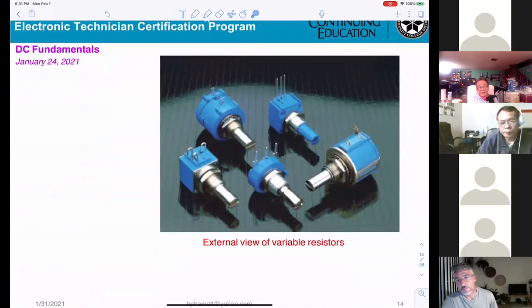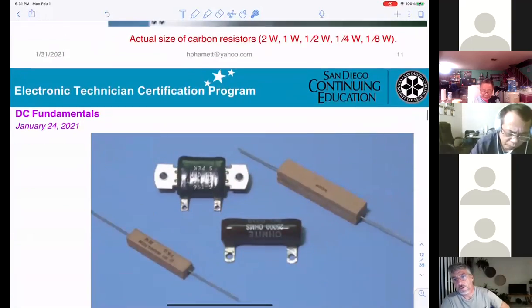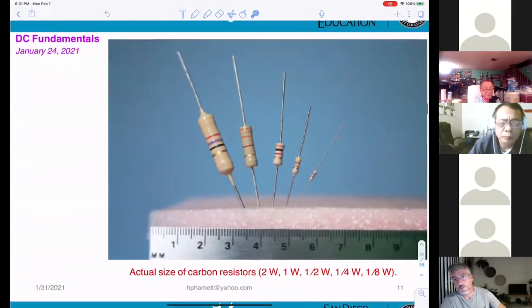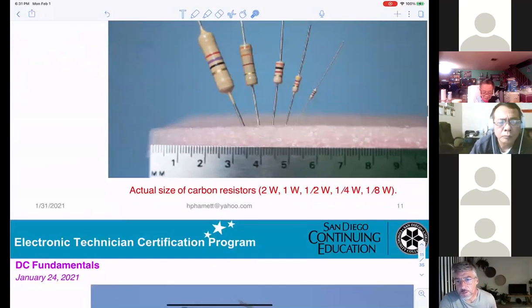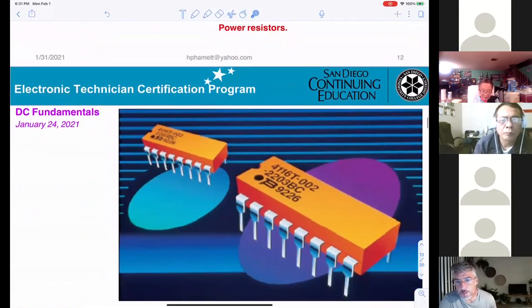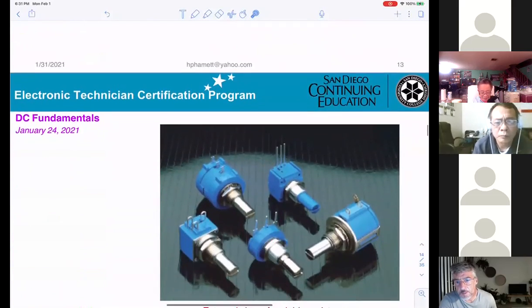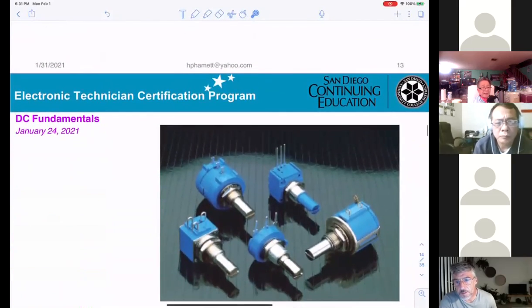So you can see the difference. Normally this resistor here has a fixed value. That means if it is 2K, then it stays 2K. You cannot make a difference. If you want a different value, then you have to use the variable resistor.